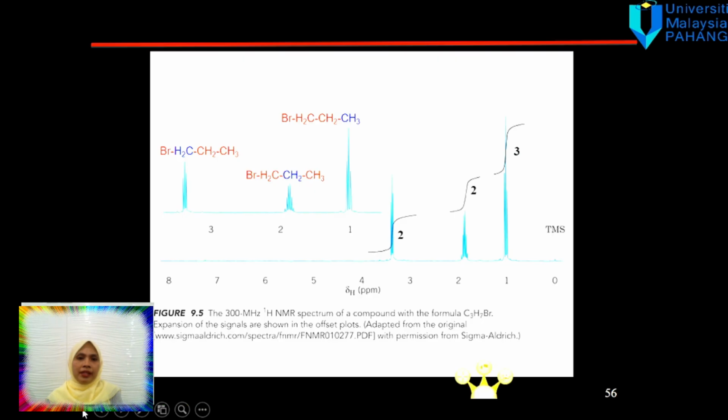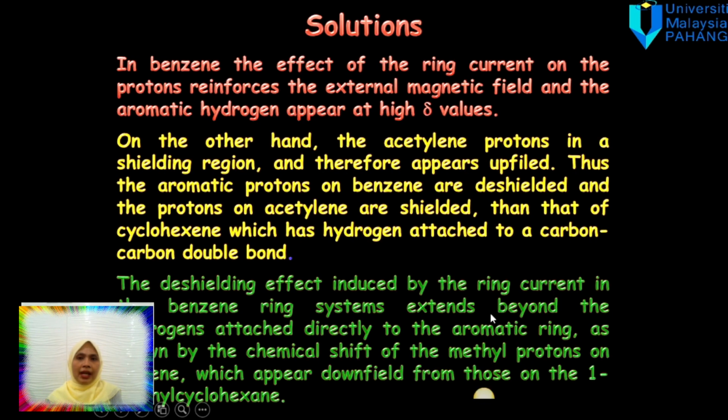The explanation is detailed in this slide: why the chemical shift for the protons attached to the benzene is more de-shielded, because the benzene ring itself can produce an external field and cause the aromatic hydrogen to appear at a higher chemical shift value.